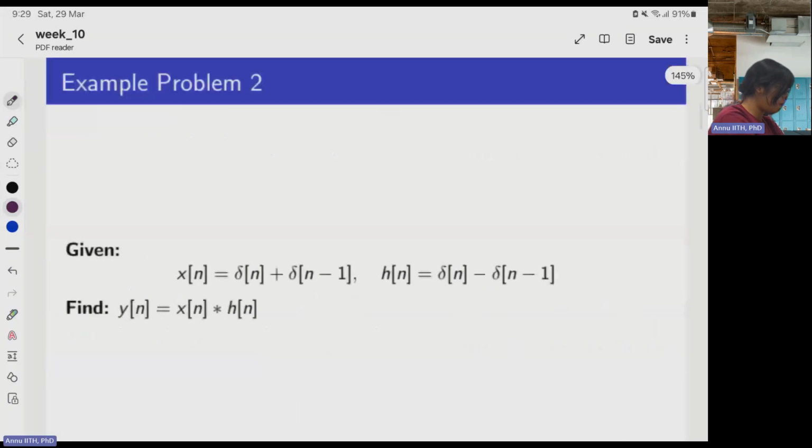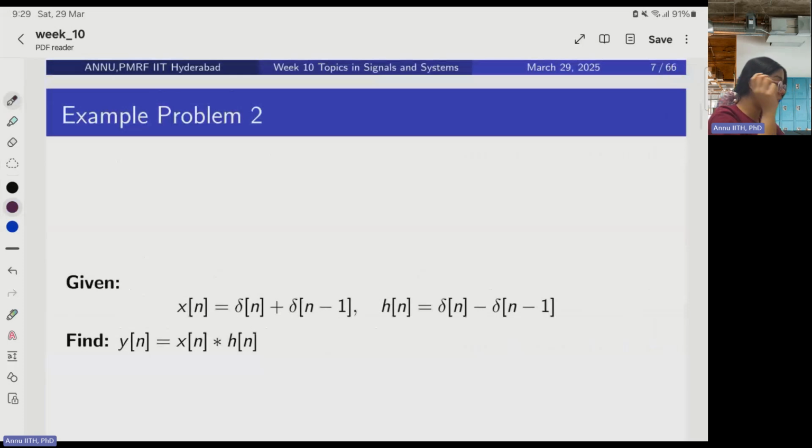But again, what was the problem? x[n] is delta[n] plus delta[n minus 1], and h[n] is delta[n] minus delta[n minus 1]. We have to find the circular convolution. If you see, you have x[n], and if I plot, it's just delta[n] plus delta[n minus 1].